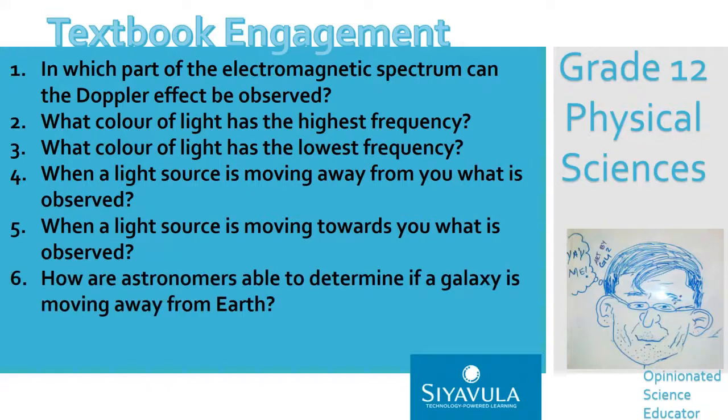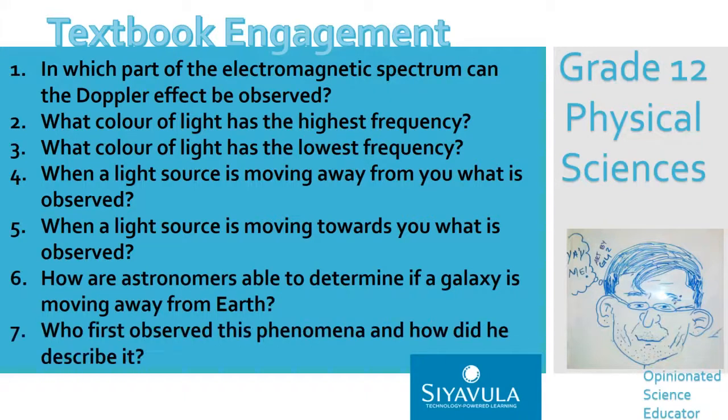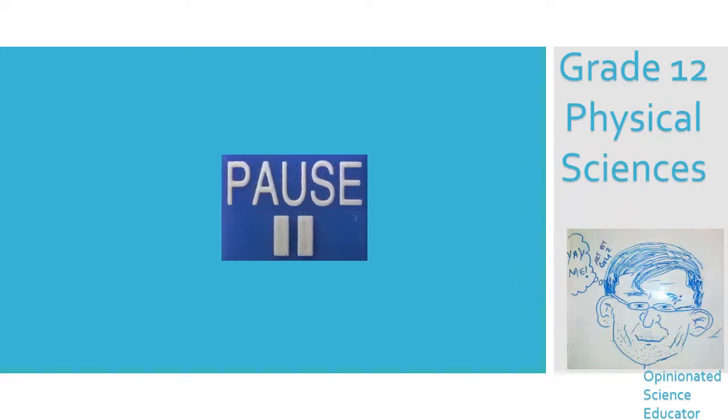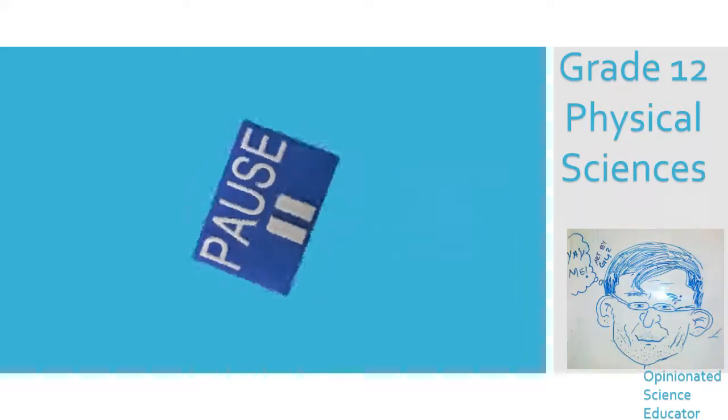Number 6. How are astronomers able to determine if a galaxy is moving away from the Earth? And finally, who first observed this phenomena and how did he describe it? You will find all of these answers in the section of the textbook. Time to pause the video now.